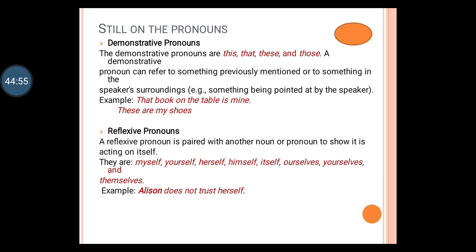There's no such thing as theirselves. It is themselves. Alison does not trust herself. John did his homework himself. So these are reflexive pronouns, paired with another noun or pronoun to show it is acting on itself.